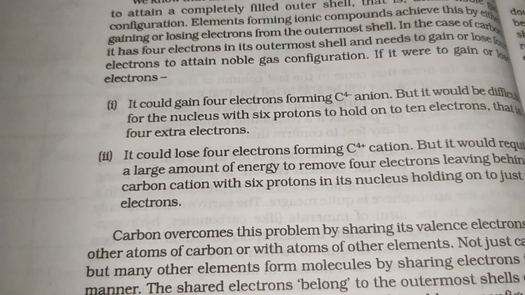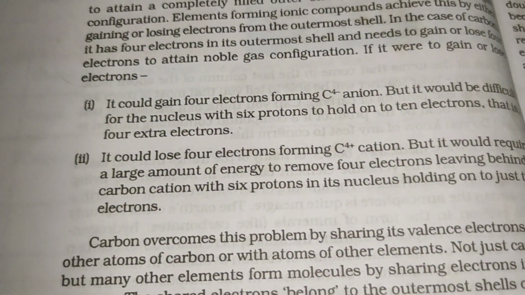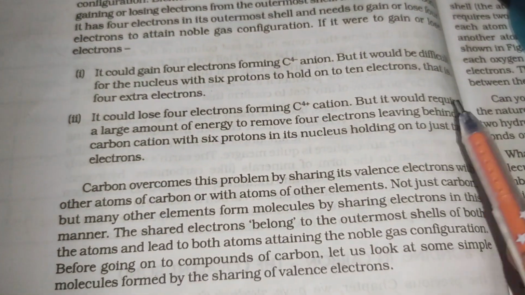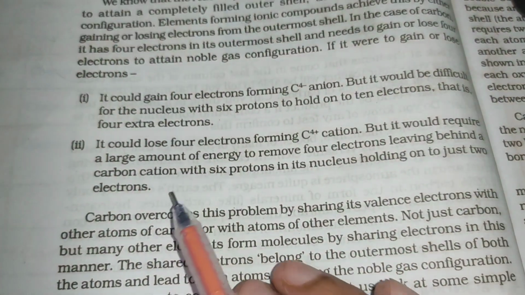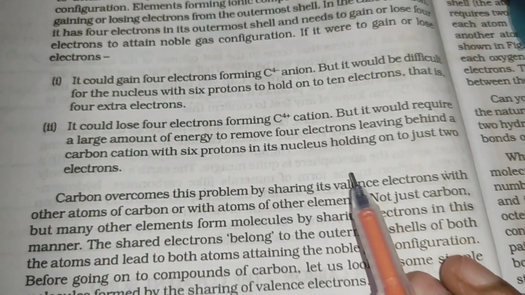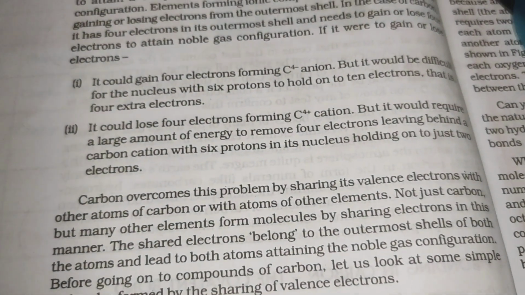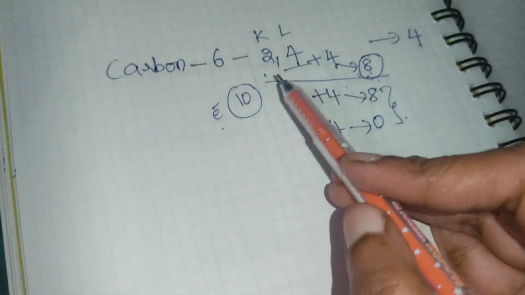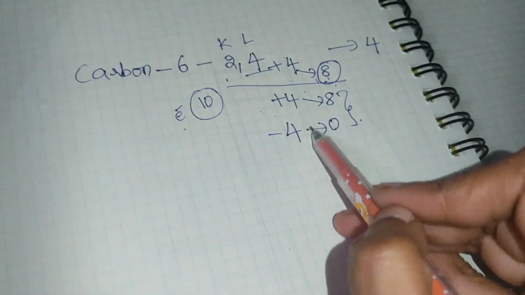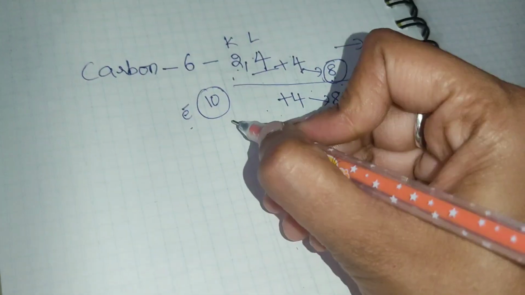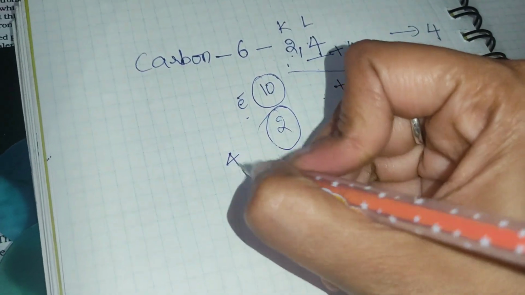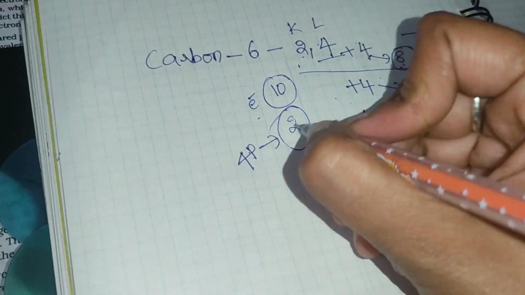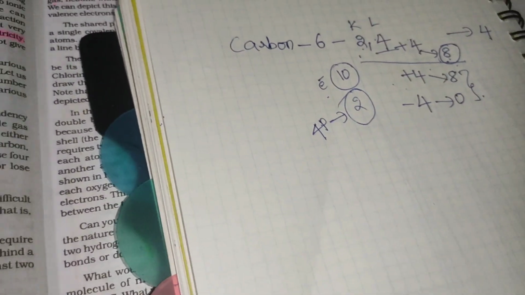But if we want to lose the electrons, it also needs more energy to remove them. That leaves behind a carbon cation with 6 protons in its nucleus, holding on to just 2 electrons. If these 4 are gone, it will have only 2 electrons, with 6 protons holding only 2 electrons.